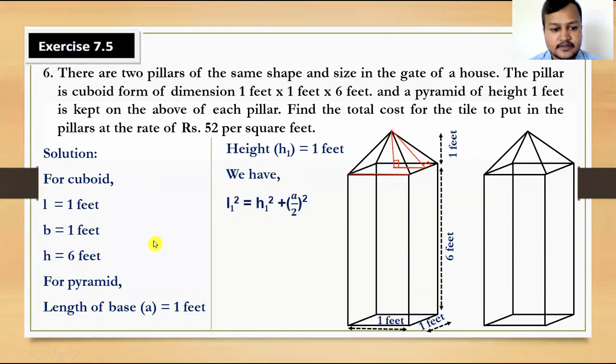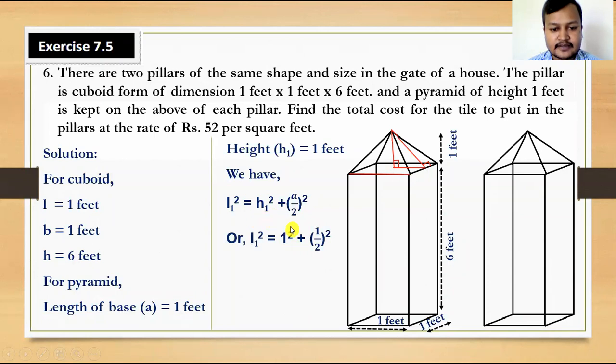Slant height is denoted by L1 because L is already used in the figure to denote the base of the cuboid, so we used L1 here. L1 square is equal to height, which we denoted by H1 because height of cuboid is H, H1 square plus A by 2 square.